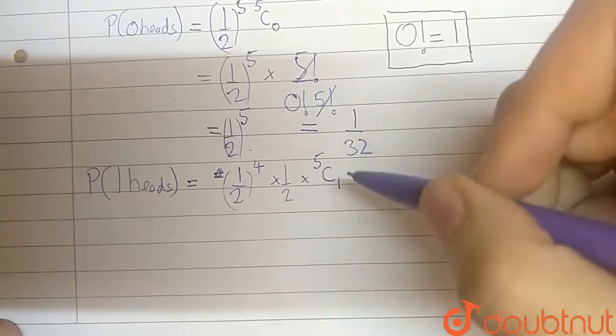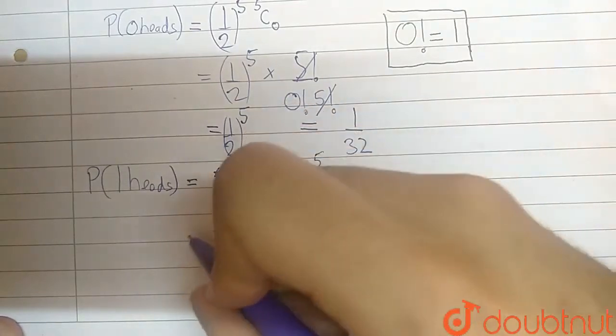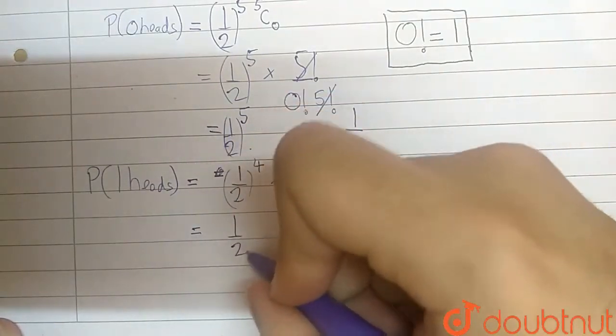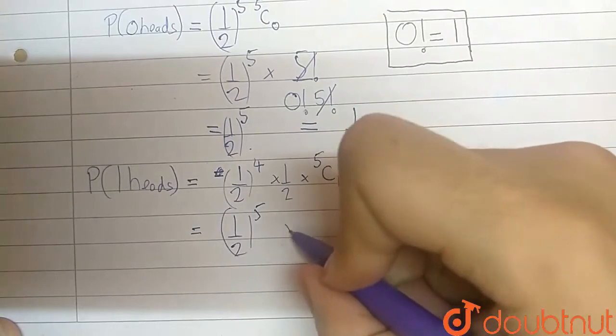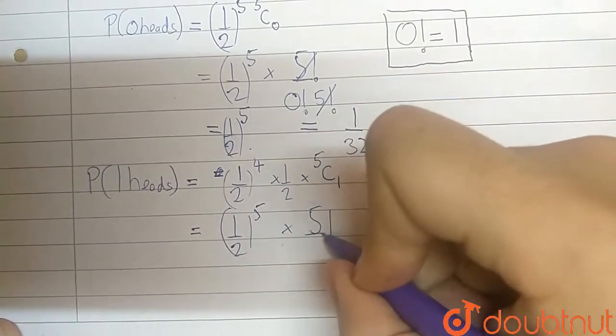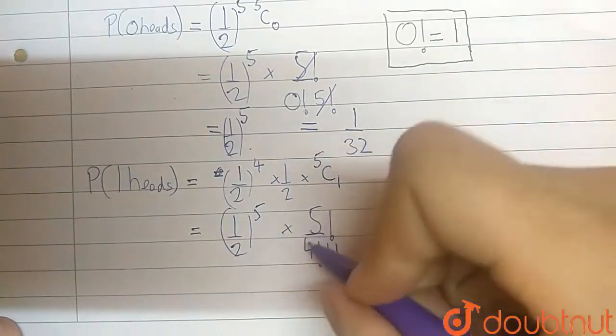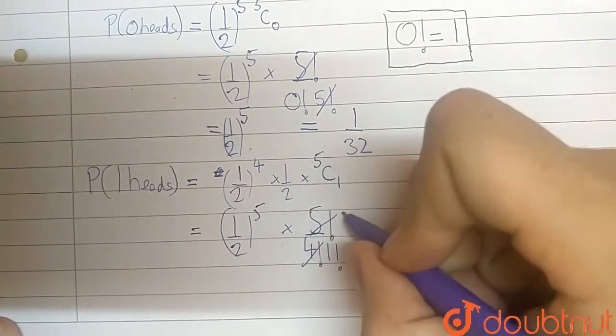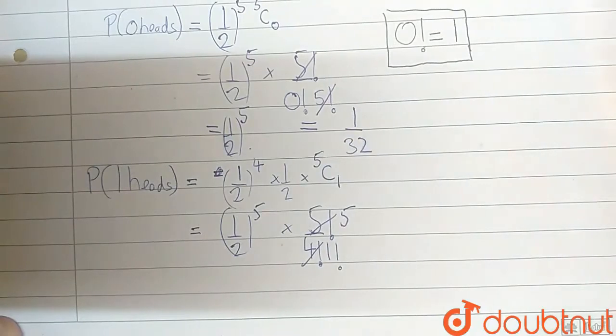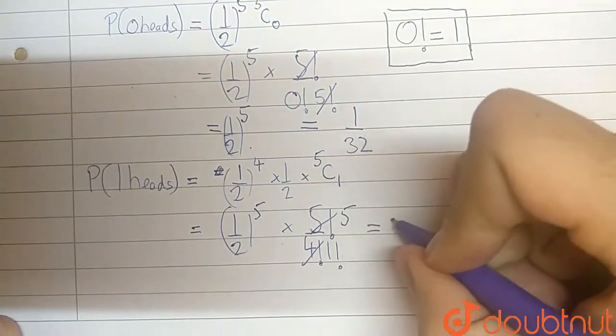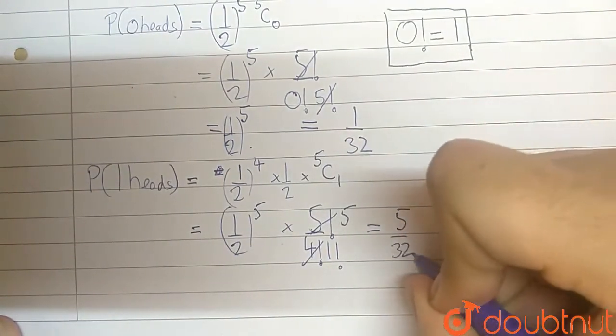So using this we will get 1 by 2 to the power of 5 into 5 factorial by 4 factorial into 1 factorial. Here the 4 factorial and the 5 factorial get cut and leave behind 5. So we end up getting 5 by 32.